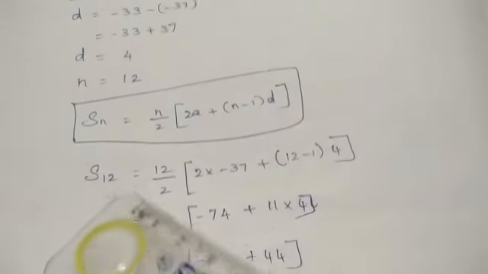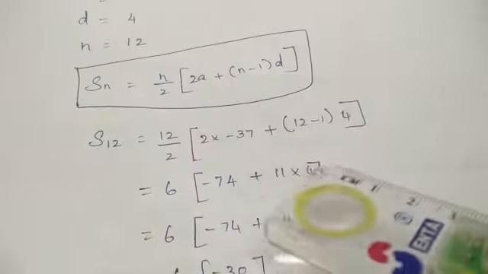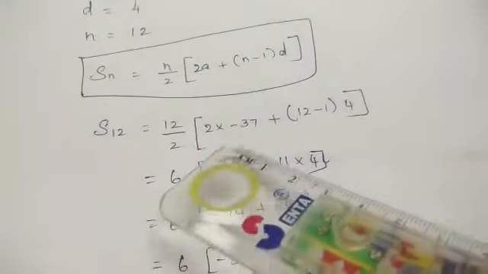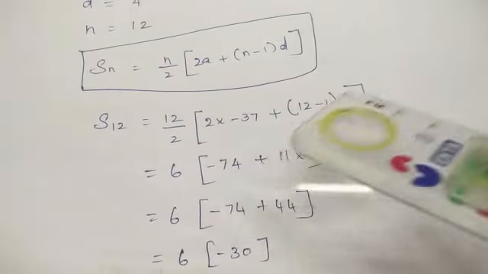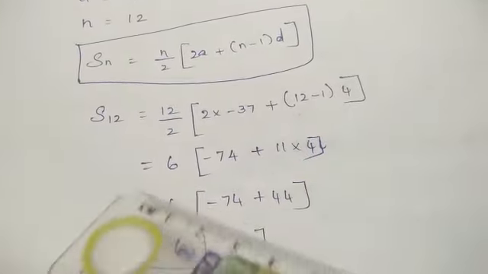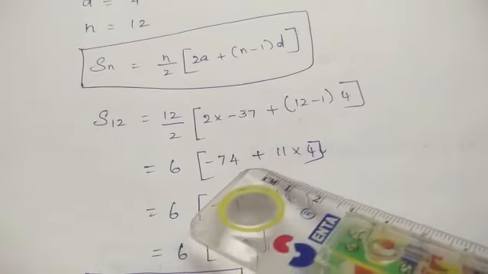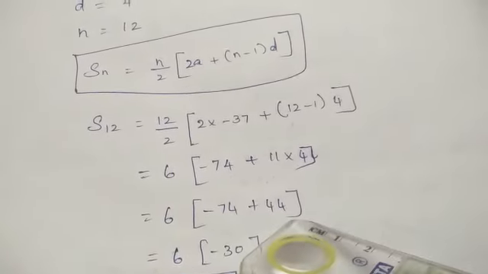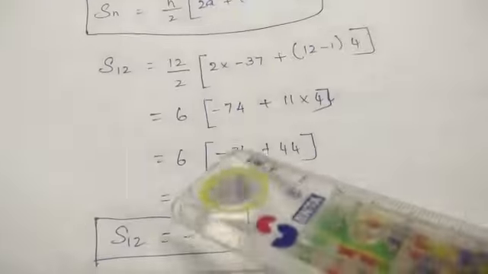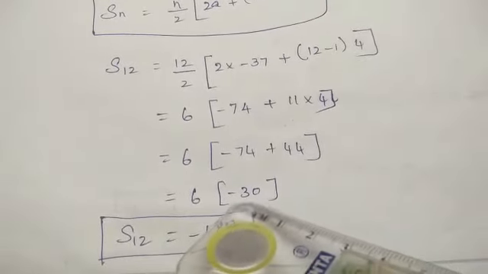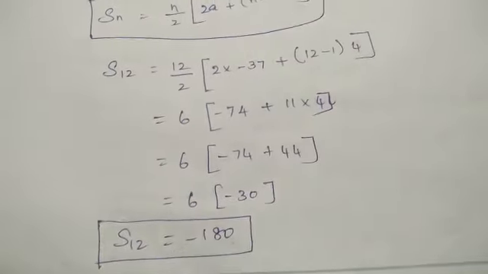Substitute in the Sn formula, n by 2 into (2a plus (n minus 1) into d): 12 by 2 into (2 into minus 37 plus (12 minus 1) into 4), then 6 into (minus 74 plus 11 into 4), minus 74 plus 44, minus and plus will take the negative sign, minus 30, multiply and get the sign.